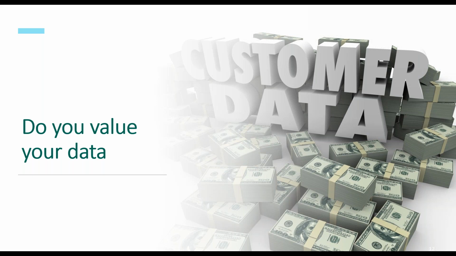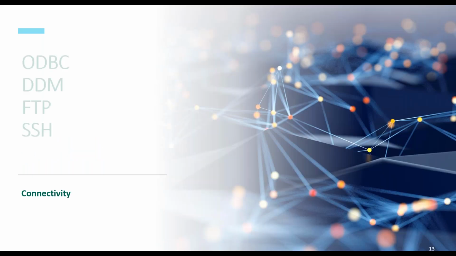And no longer with the IBM i are we able to just rely on menus and application security. ODBC, DDM, FTP, SSH, these have all allowed the IBM i to become interconnected with the rest of our networks. It has become another server in the infrastructure and is just as accessible as any of the others.